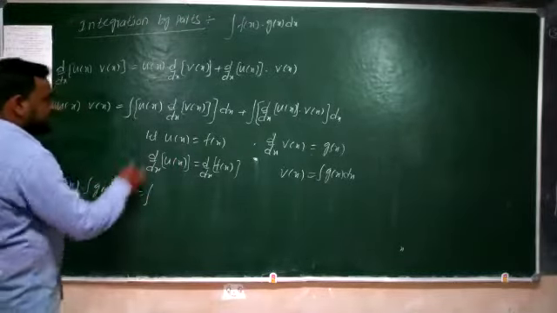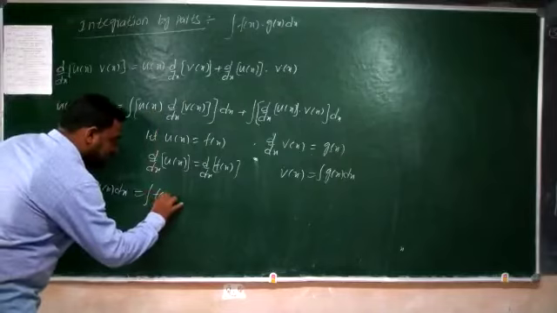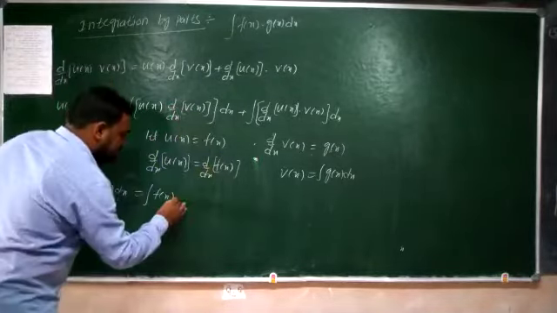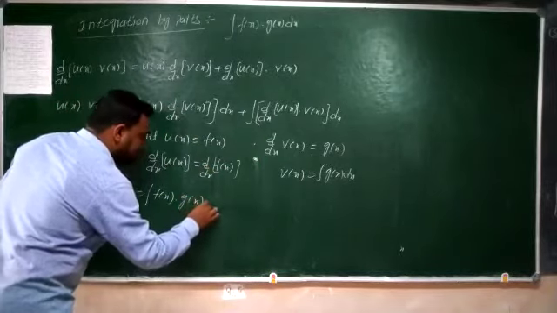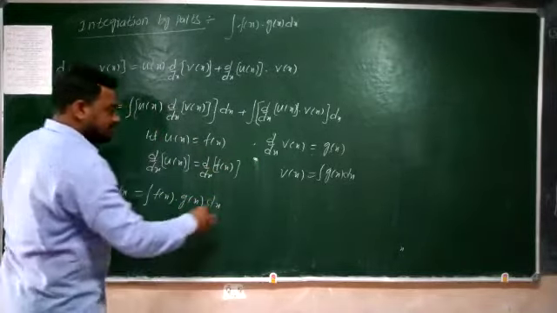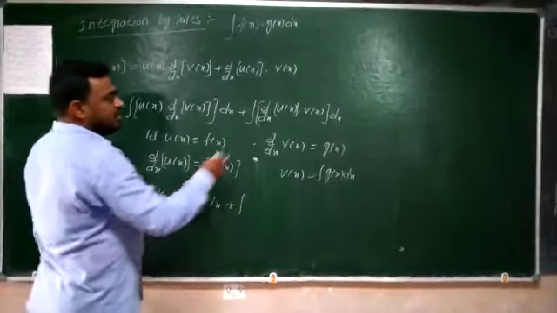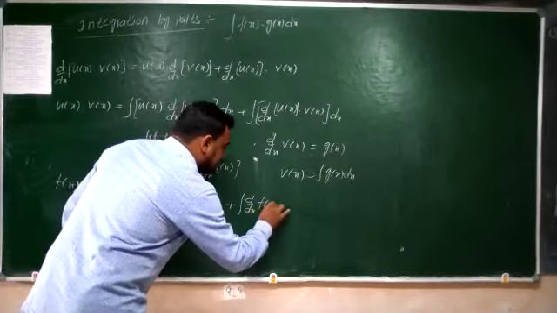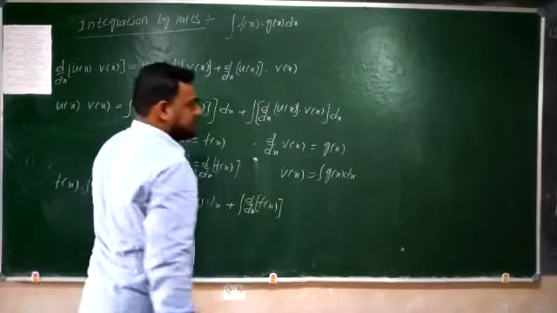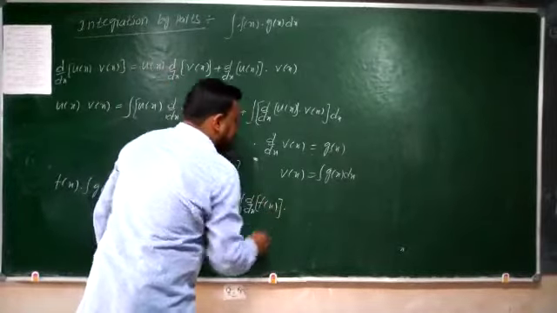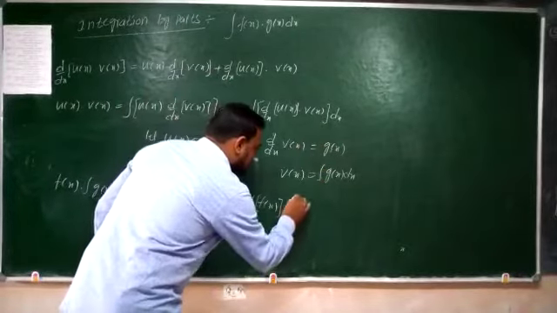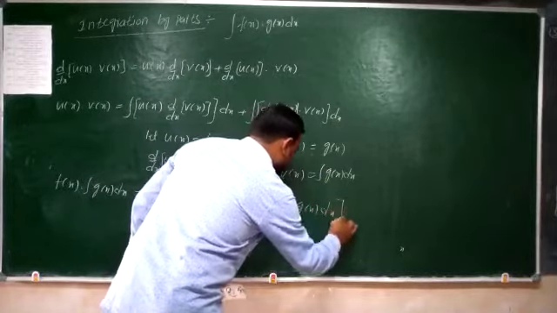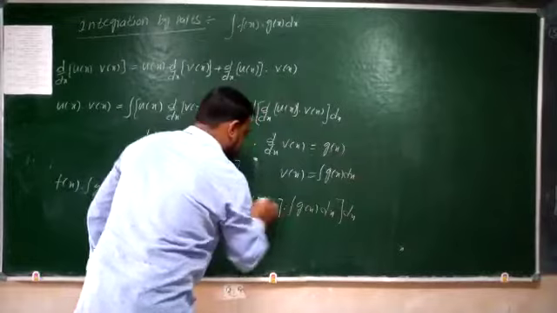So we get: integration of f of x into g of x dx, plus integration of d by dx of f of x, because u is equal to f, into v of x, which is integration of g of x dx, whole dx. This whole dx I keep as it is.